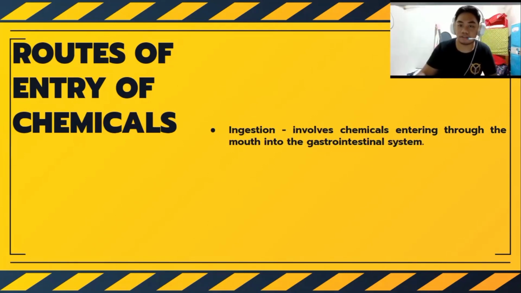So for the ingestion, this involves chemicals entering through the mouth into the gastrointestinal system. These include chemical dust, particles, and mists that are inhaled through the mouth and swallowed or which have contaminated objects such as hands, food, and cigarettes that come in contact with the mouth. That is why food and drinks and cigarettes are not allowed inside the facility.